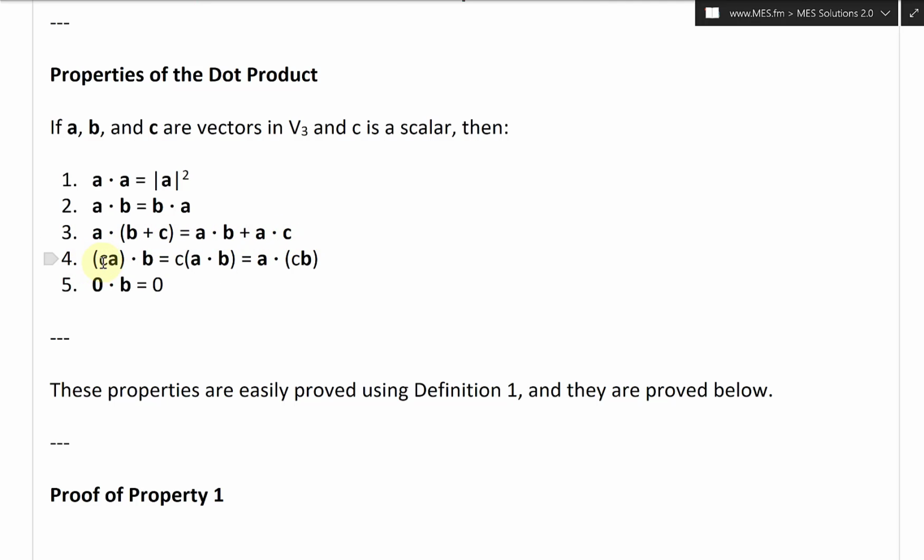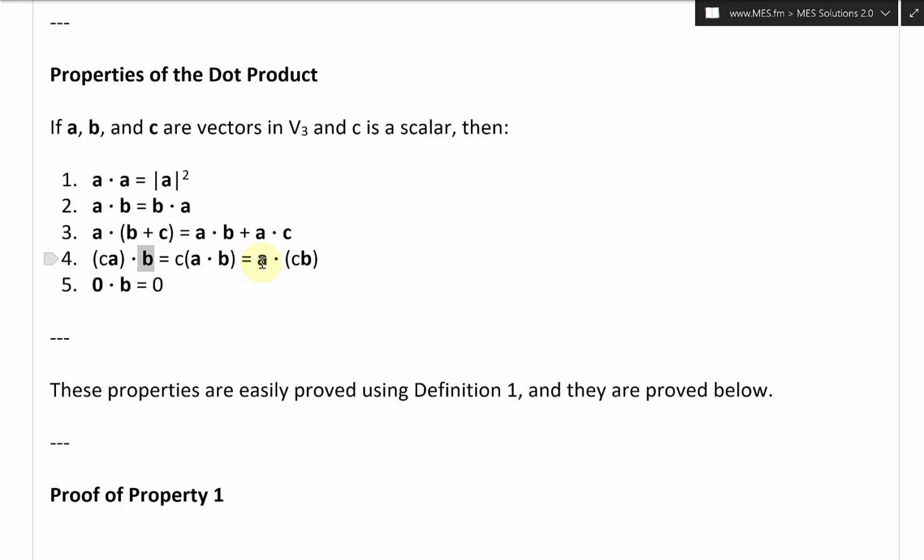Property 3 is just like real numbers, real products. You could just multiply this out and spread it out. Property 4: scalar c times A, dot B, you can just factor out the c, equals c times A dot B, which also equals A dot cB, so you could put the c inside.